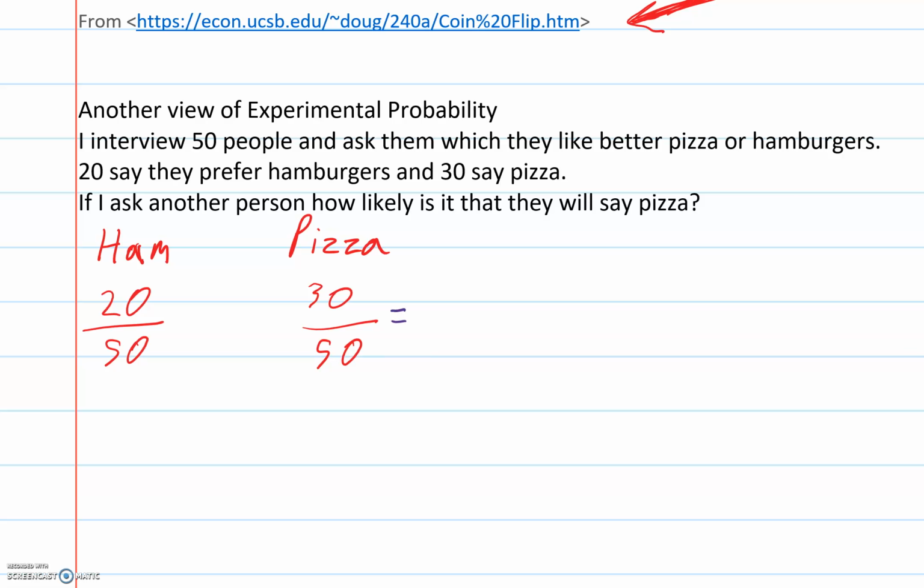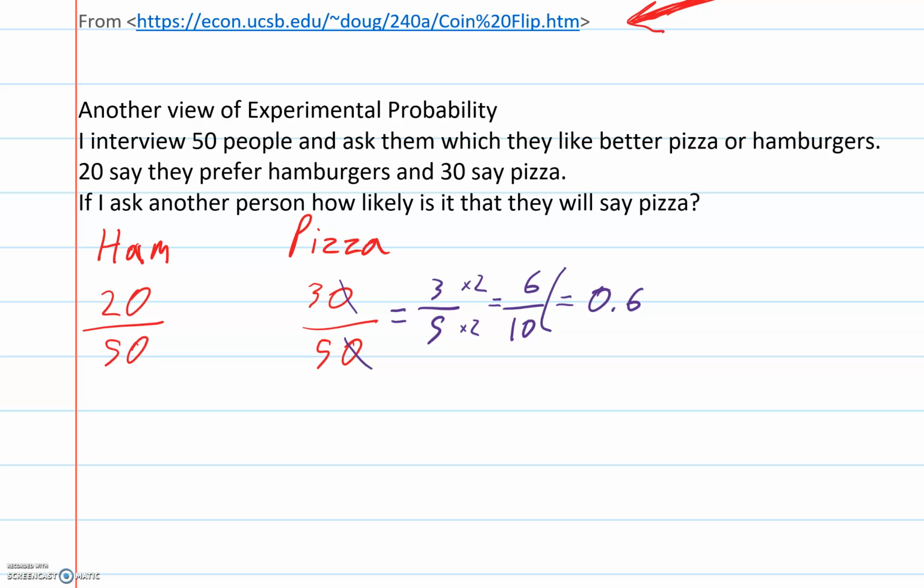So if we simplify, we can see there are 2 zeros, so we can just simplify to 3 over 5. And if we make it go to base 10, times by 2, times by 2, so 6 over 10, which is 0.6, or you can just type that into your calculator and get 0.6.